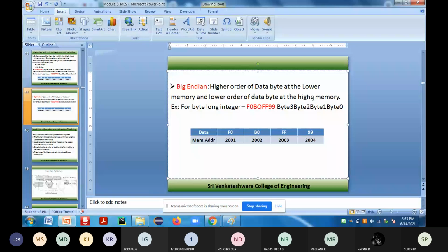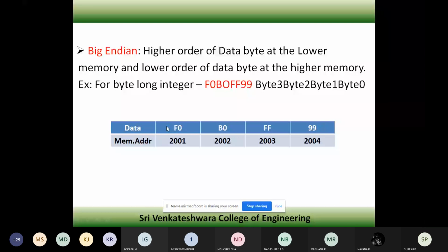So you can see it here: the higher order data byte at the lower memory, and the lower order data byte at the higher memory. If you take the same example, which has F0, B0, FF, 99, that is 99, FF, B0 and F0.